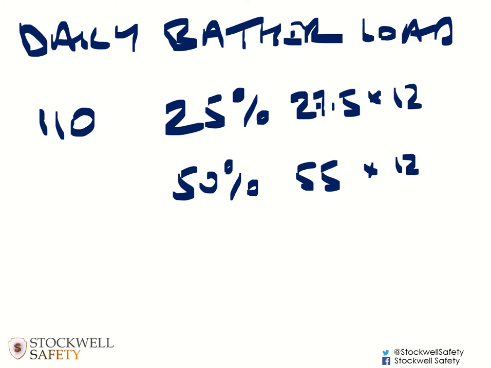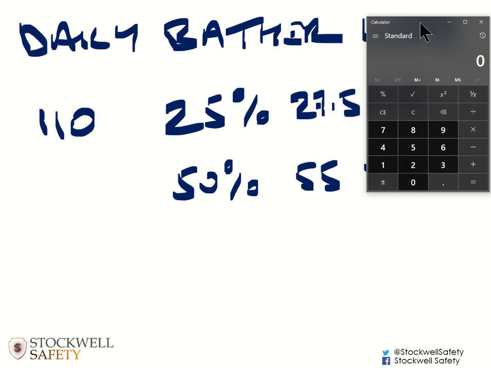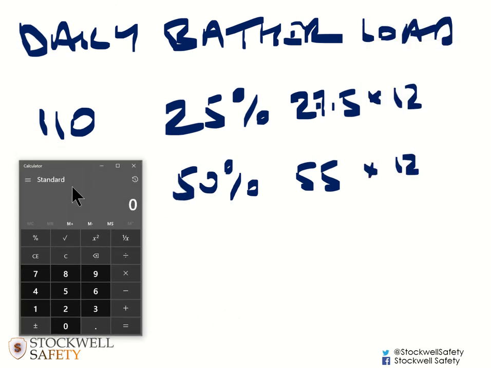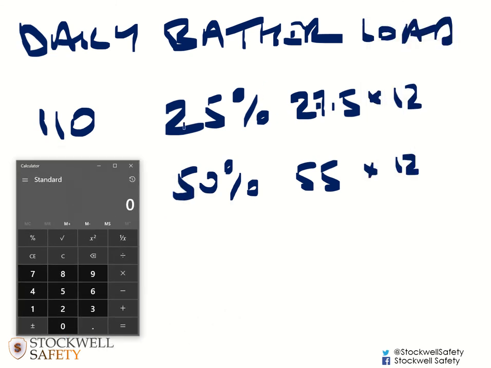So if we crack out the calculator at this point, 27.5 times 12, that's going to give us 330, and then 55 times 12 is going to end up being 660.